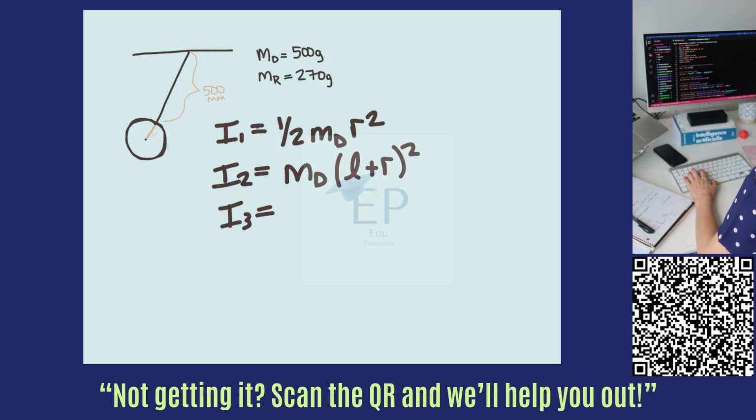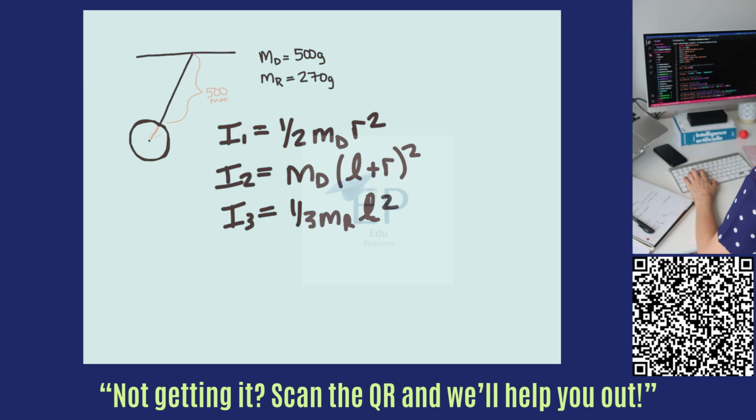We're going to calculate that as 1/3 the mass of the rod times its length squared. And we're going to add all of these together in order to get our total inertia.